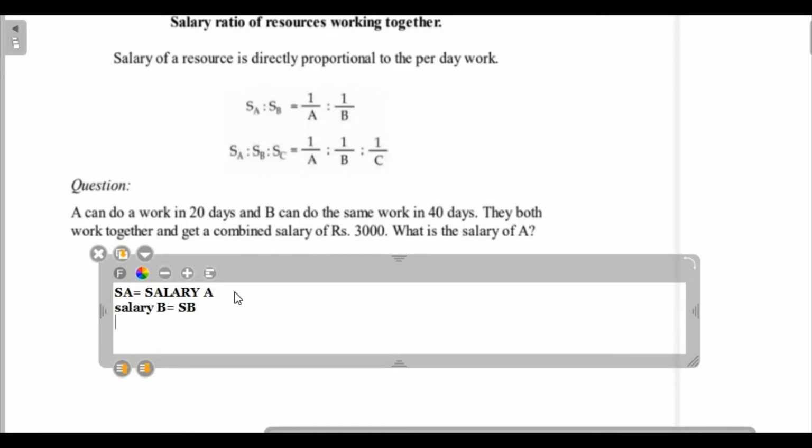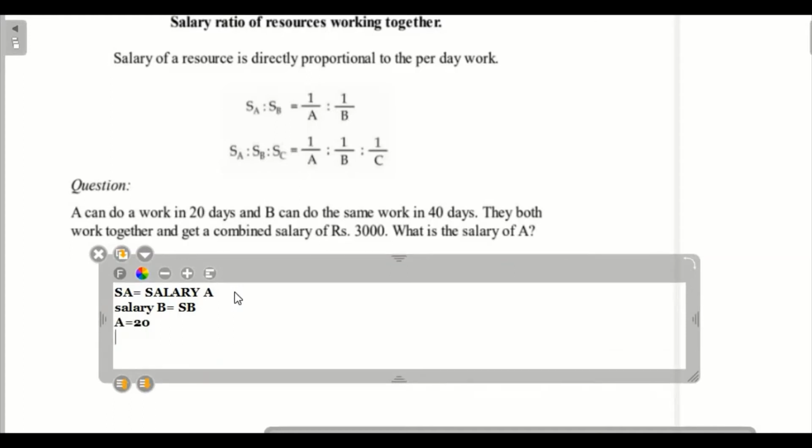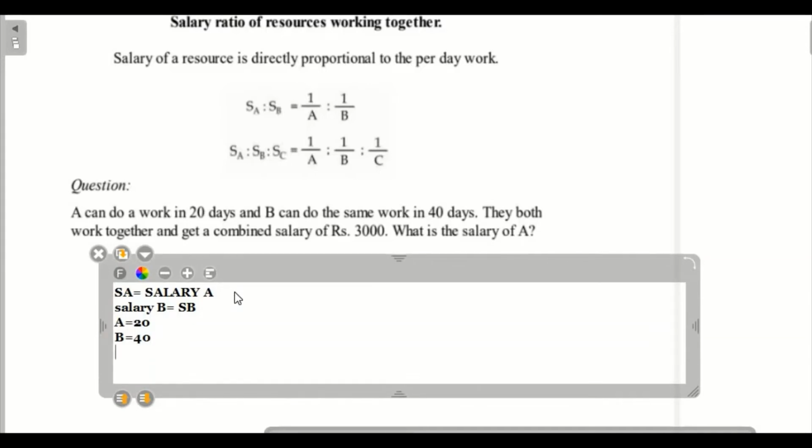We have to calculate. A can do the work in 20 days and B can do the same work in 40 days. So A equals 20, then B equals 40. We have to find the ratio of their salary.